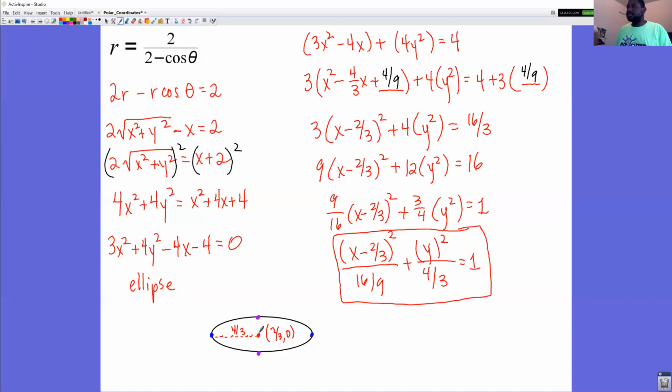And then if I go this way, I do this right here. So the square root of this is going to be 2 over square root of 3, which is not a nice number to have, okay? So it's an ellipse with center 2/3, 0 and vertices.